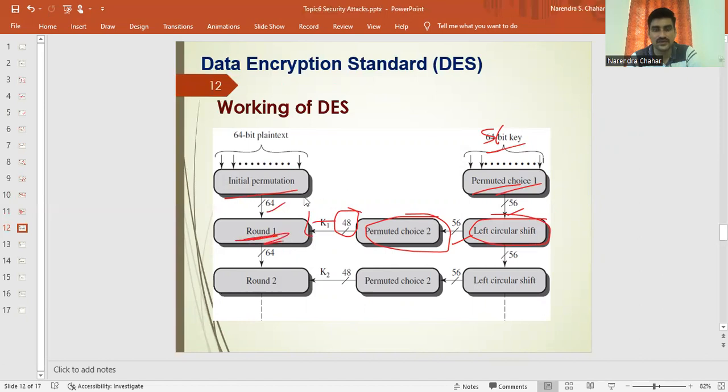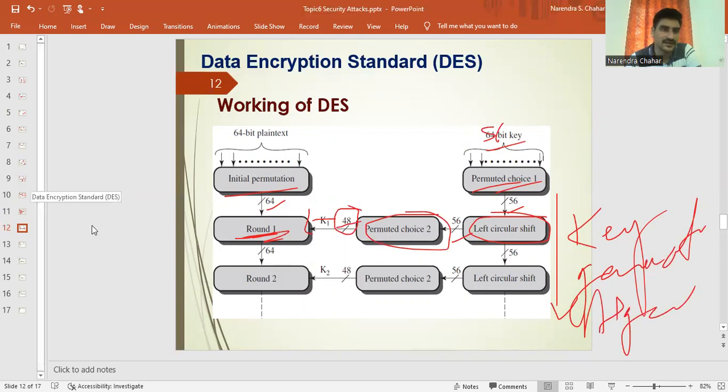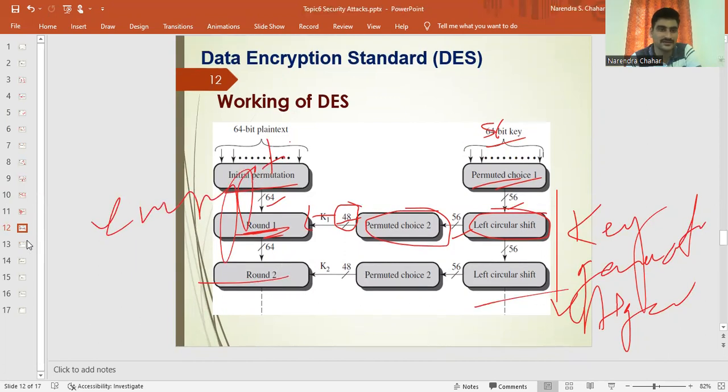In the round, 32 bits of the plain text is taken, and then it is expanded and then processed with the key, and then it is substituted back. So this is the key generation algorithm, and here this is the encryption. So these two algorithms work simultaneously.